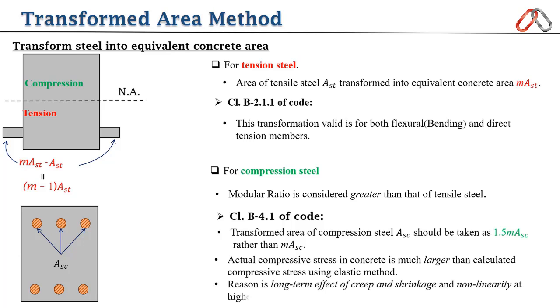The reason is the long-term effect of creep and shrinkage and non-linearity at higher strain. I have already told you, while discussing the drawbacks of the working stress method, that we cannot account for creep and shrinkage effects using it. So the point is that for tension steel it will be m Ast, and for compression steel it will be 1.5 m Asc.